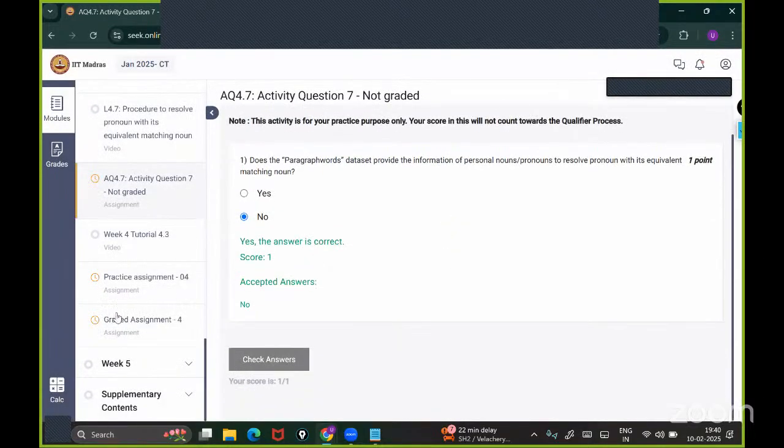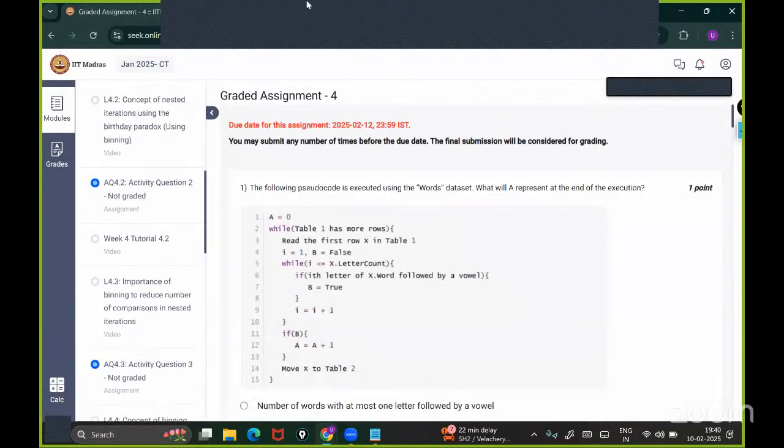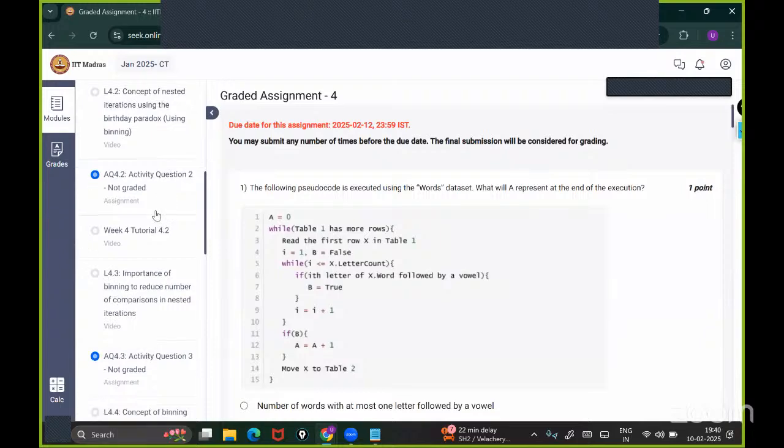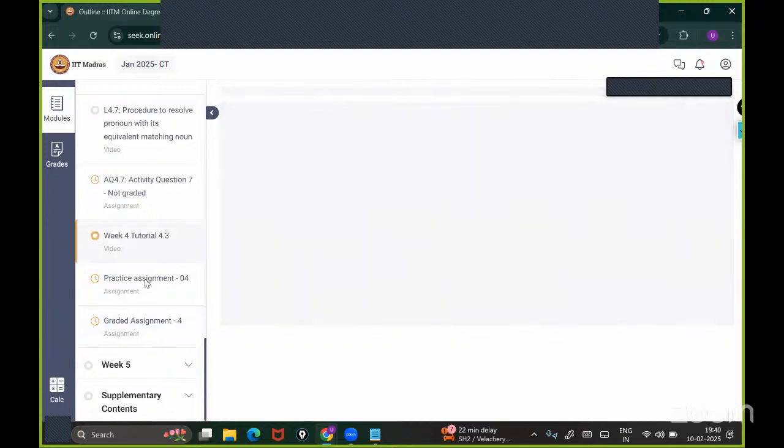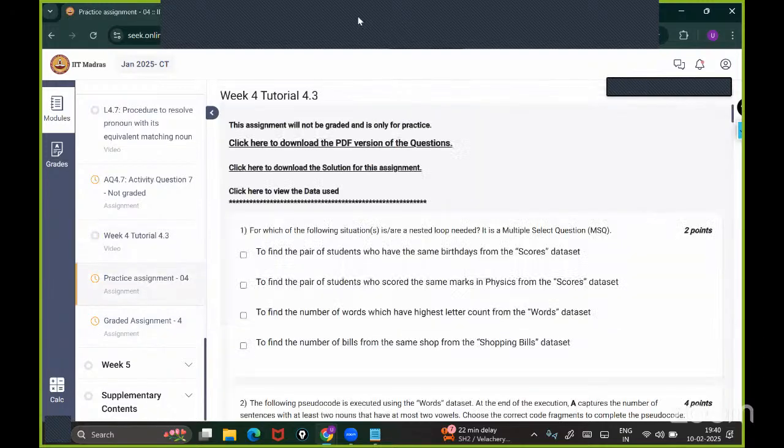Is this clear? Okay, any other doubts in any practice questions?